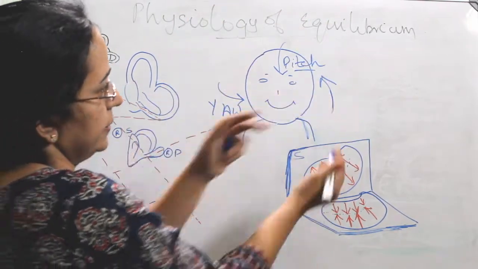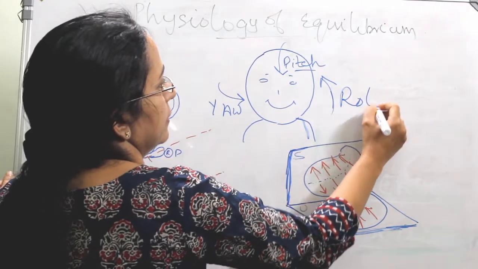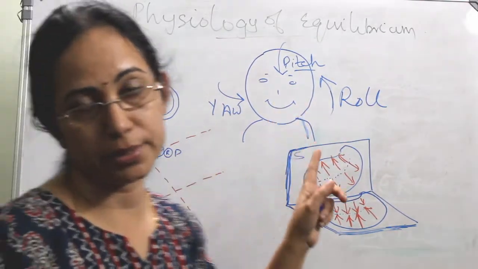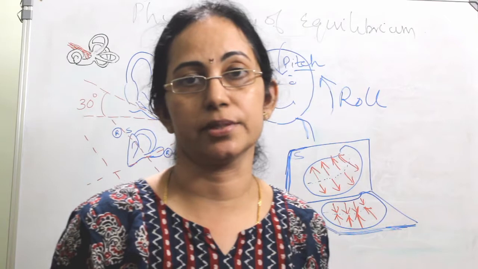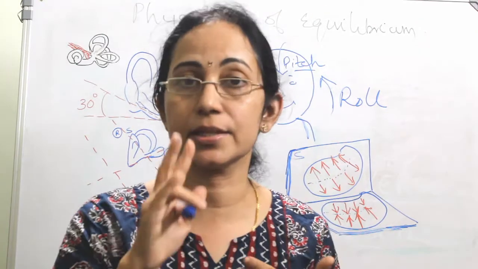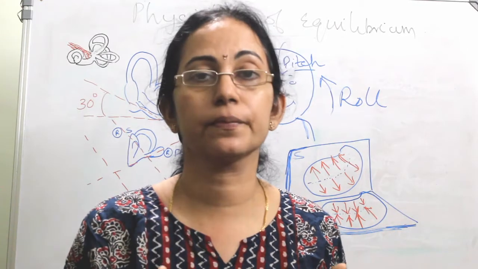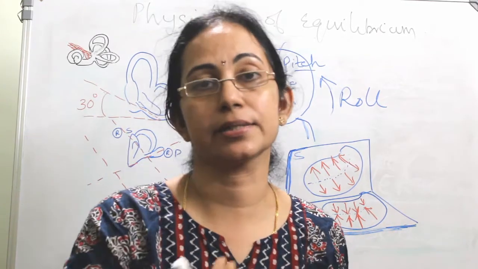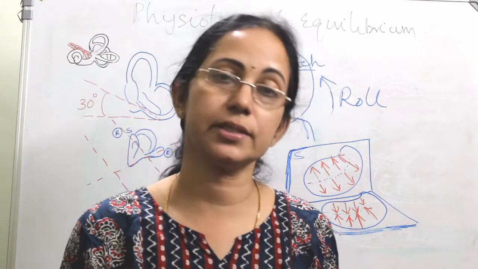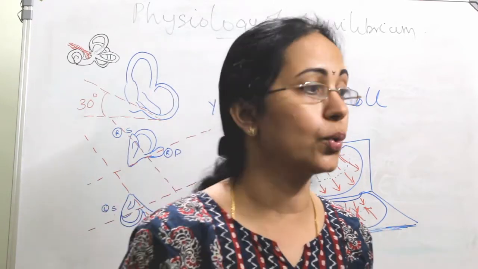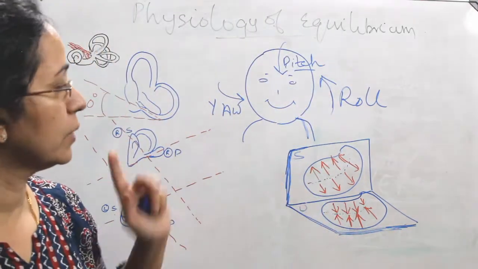So these three movements are important to know the vestibular function. So in the vertical axis there are two movements, one is yaw, another one is pitch, and in the horizontal axis it is a lateral movement, and that is called the roll. Okay, right.